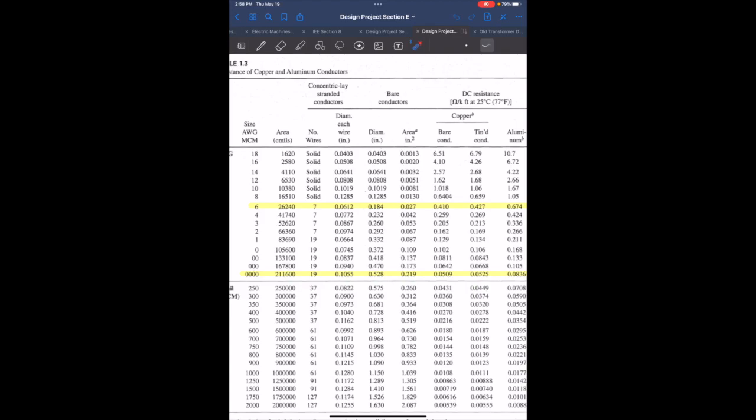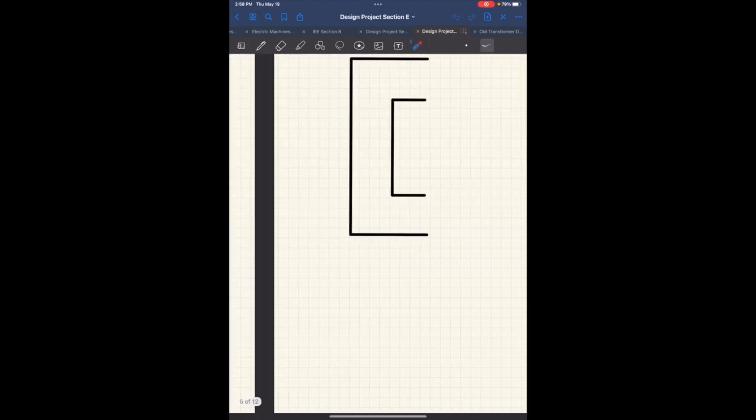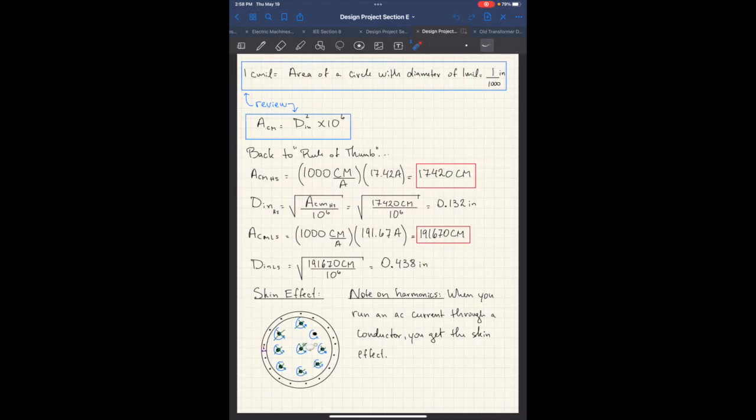Let's do the same thing for the low side. You can see I've highlighted it, but let's understand why I chose that one. For the low side, we need a larger conductor, which sounds kind of weird, but the reason is that the low voltage side is going to have the high current. So we need a larger conductor so we have less resistance. Here we need 191,670 circular mil.